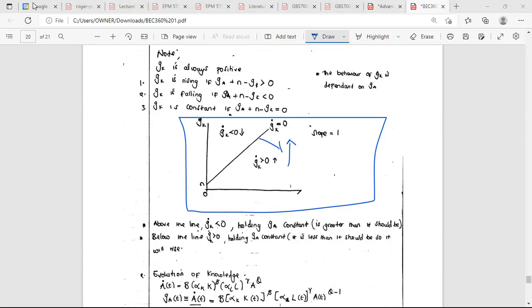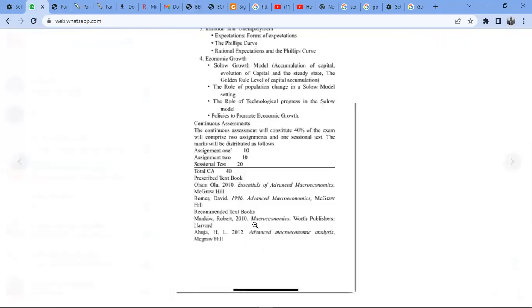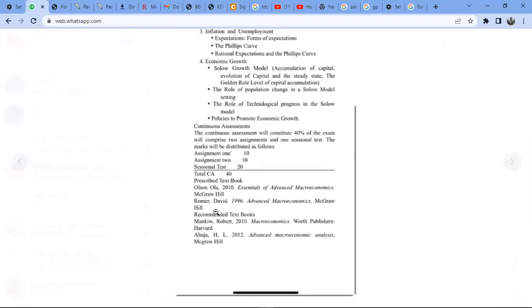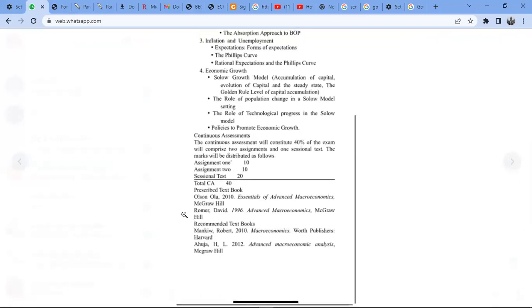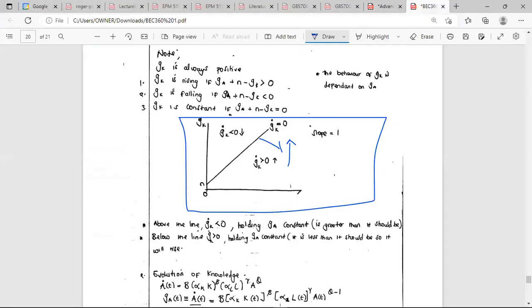So they are a more simplified version of these books that we've been recommended to handle: Macro for Romer, David Olson, Mankiw as well, and Ahuja. These notes I'm giving you are more simplified, as opposed to going through the whole entire book. So have a look at them.